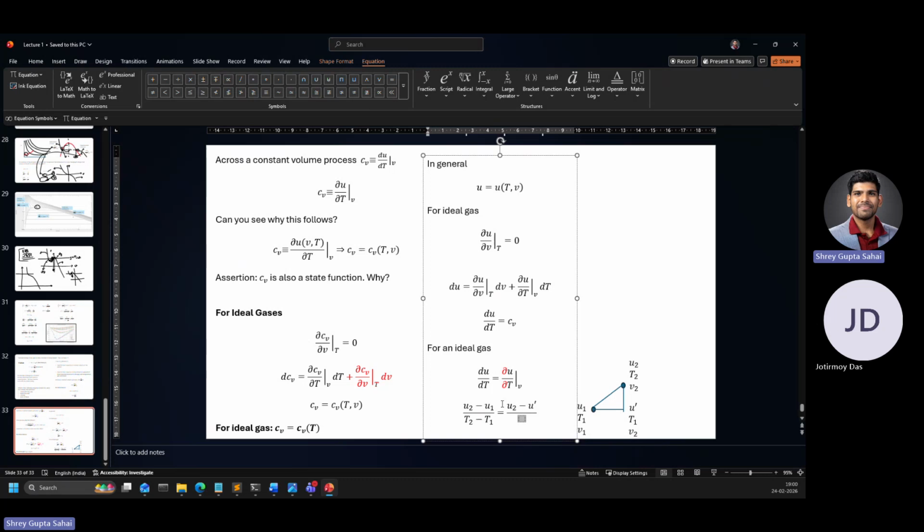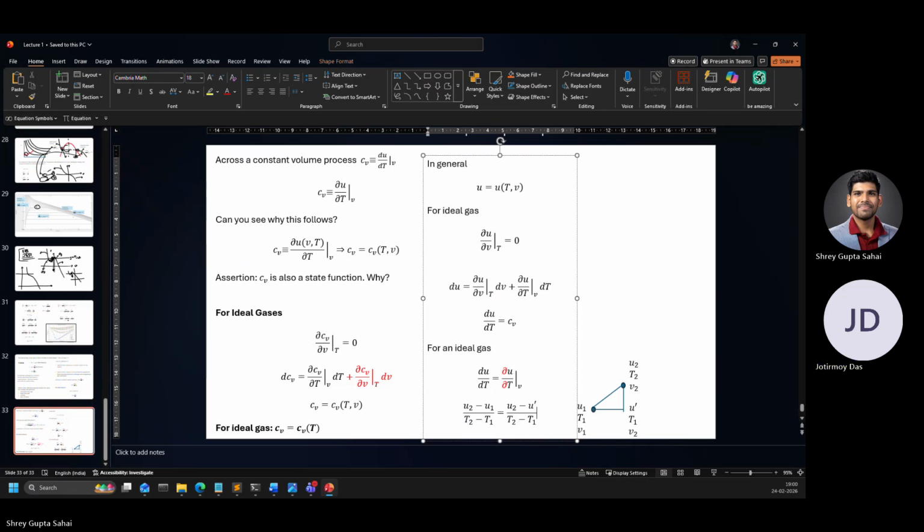And the other side will be T2 minus T1. This is important. Now from this equation, what does it imply?